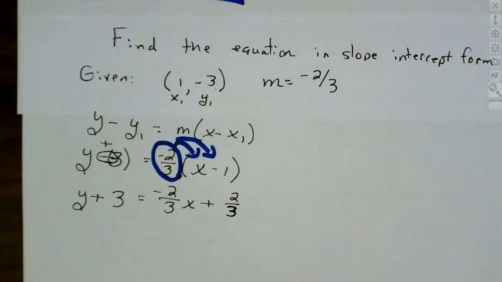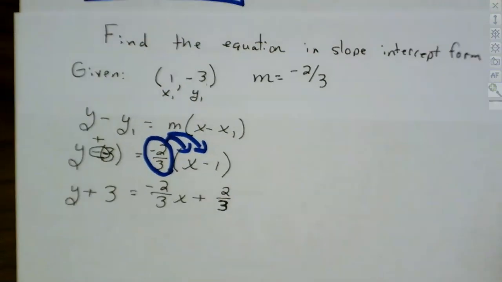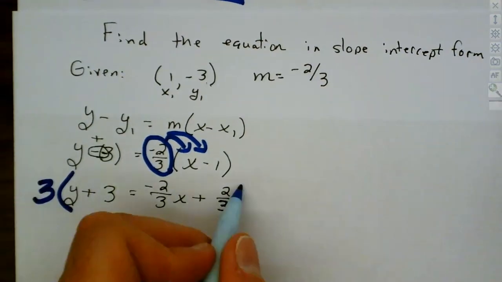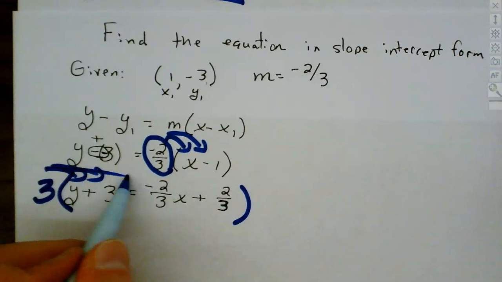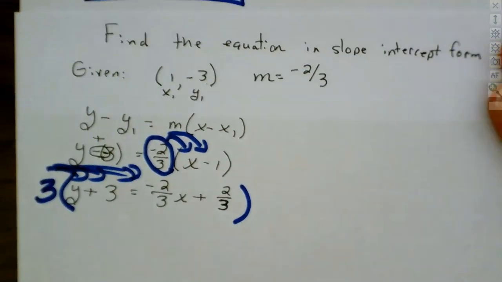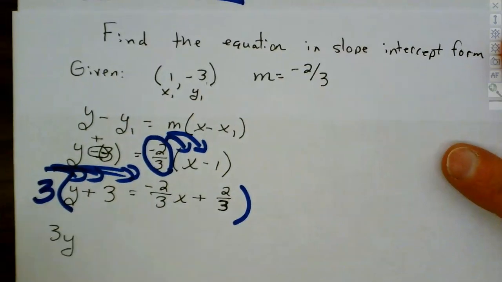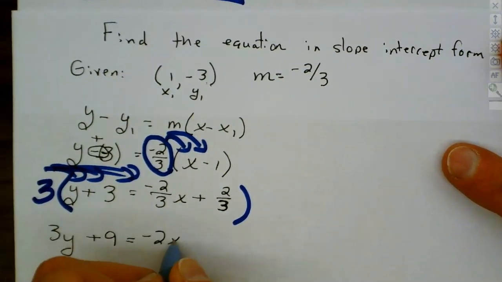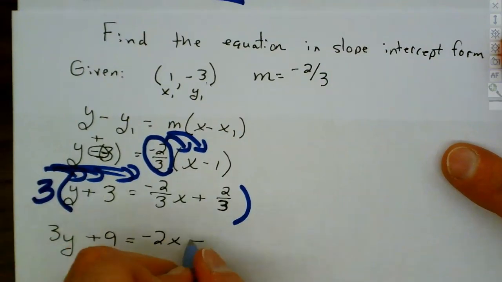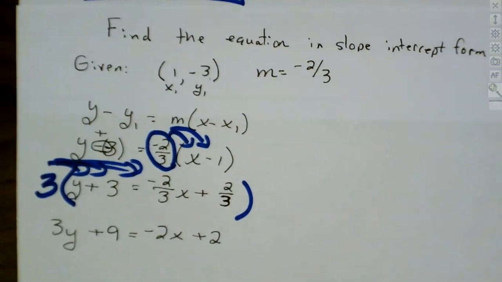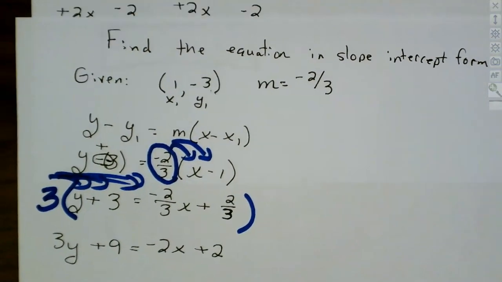You could just subtract that 3 off, but I think it's going to be easier if we clear our fractions. So we're going to multiply it by 3, just to clear out the fractions. And that is then 3y plus 9 equals a minus 2x plus 2.